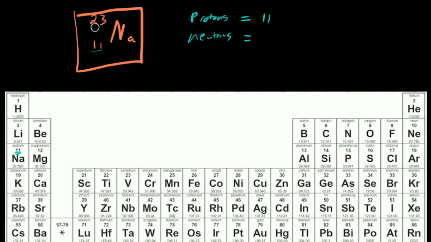So 23 minus 11 gives us 12. So we have 12 neutrons. And finally, how many electrons do we have? It's a neutral atom, not an ion, so the number of electrons equals the number of protons. So we also have 11 electrons. That is this example for this isotope of sodium.